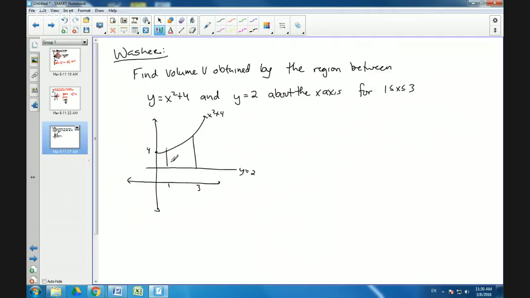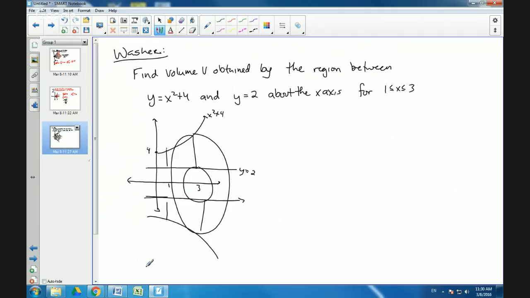This is our region. So this is a picture of what we're looking at. X squared plus 4, y equals 2, and then between 1 and 2. We need to rotate this around the x-axis. What you end up with is a big shape, and the end looks like a washer, right?